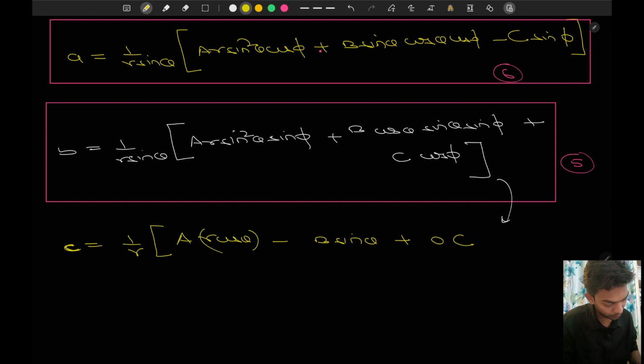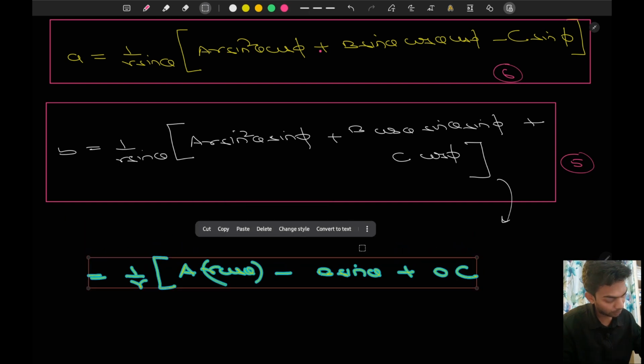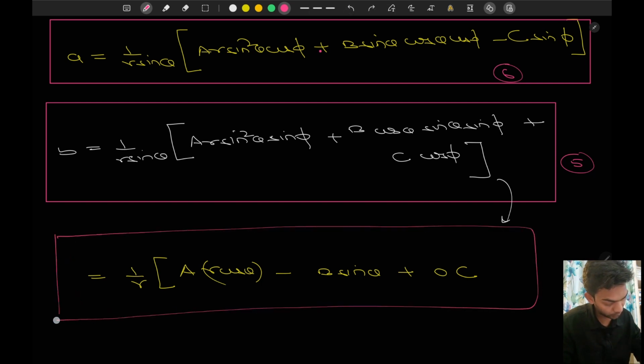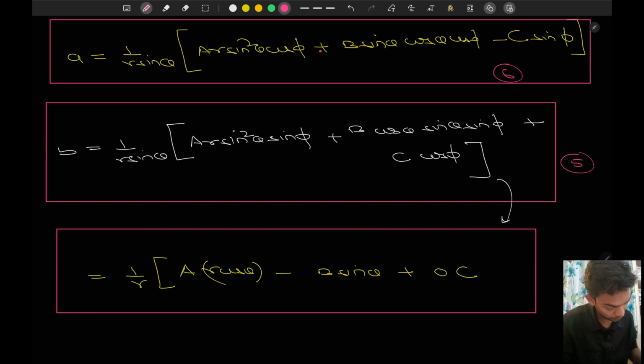This is our equation. Let me write it here and put a box around it. This is my small c. Let's say this is equation number 7.